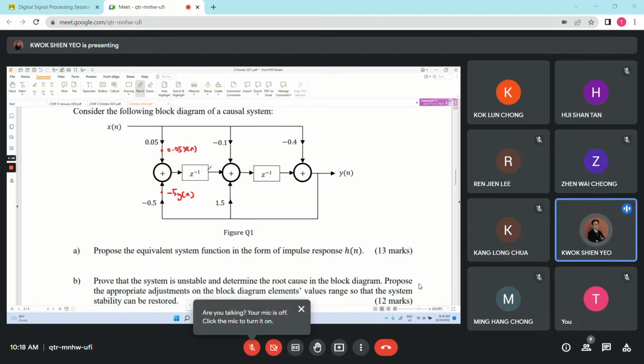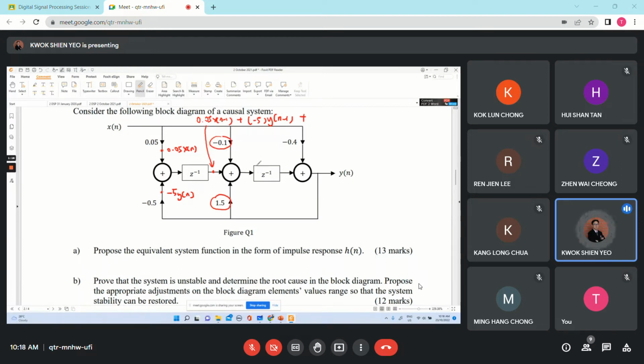They both go through this delay. So at this point here, there is 0.05x[n-1] plus minus 5y[n-1]. And then they need to add again 1.5 and 0.1 of x[n]. And then they will delay again. Then they will add another 0.4, then you get the output.